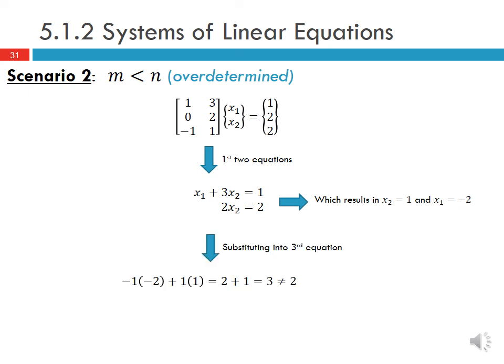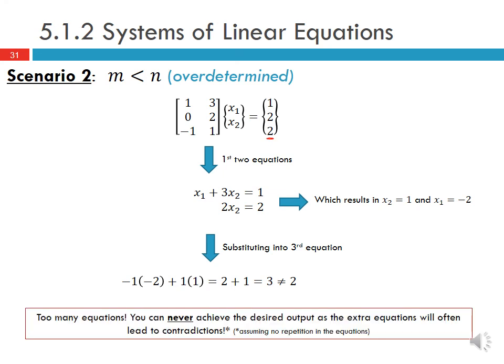Then if I plug those into the third equation, the result is 3. But from my actual equation here, the result should be 2. So this results in a contradiction. With too many equations, you can never achieve the desired output, as the extra equations will often lead to contradictions. And this is assuming that there's no repetition in equations.